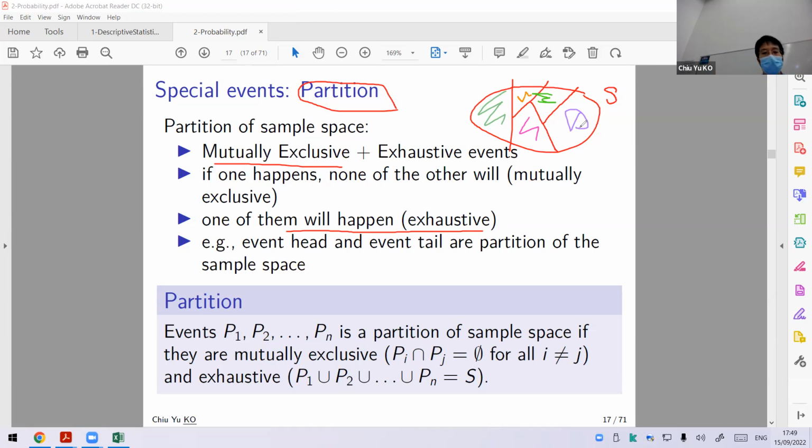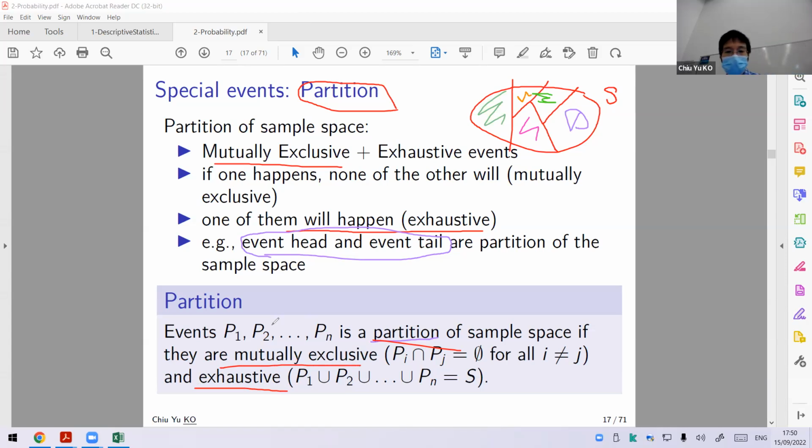And an example is rolling a die, or head or tail, which is a partition, because it's either head or tail. Just to remind you, the idea of partition is mutually exclusive and exhaustive. Later you will see why we talk about partition.